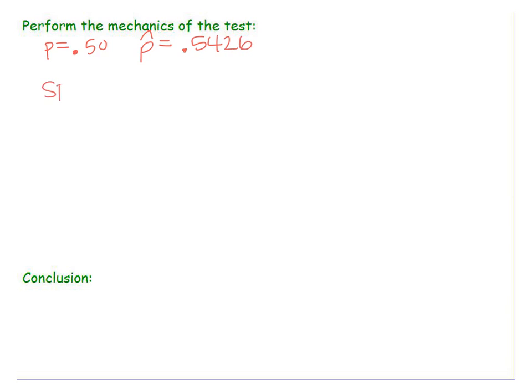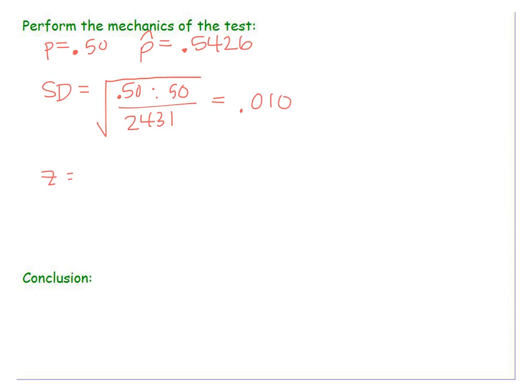We have to calculate the standard deviation. So we got the square root of 0.50 times 0.50 divided by 2,431. And if you rounded to two non-zero digits, I get 0.010. So now we got to find our z-score.